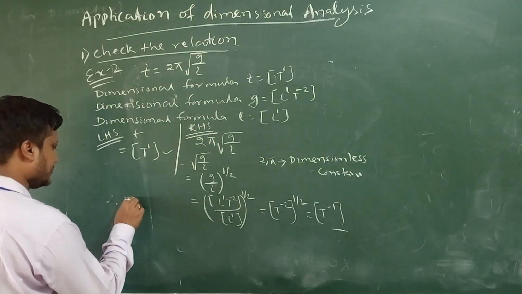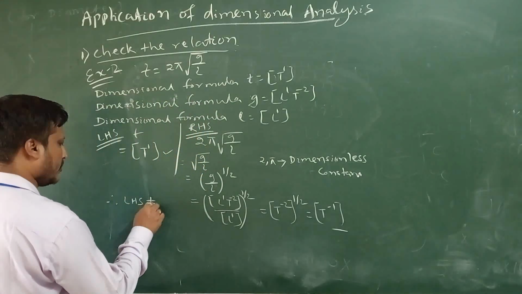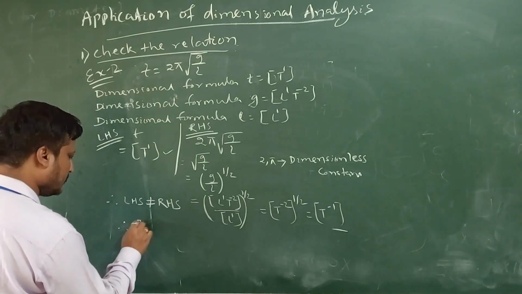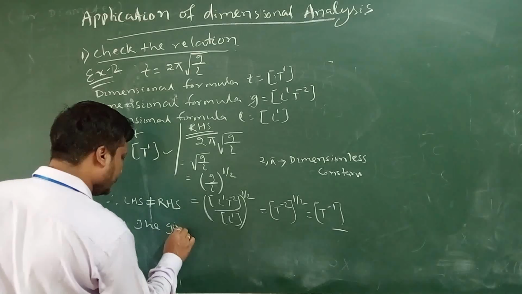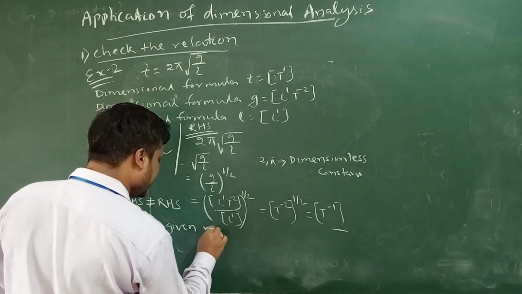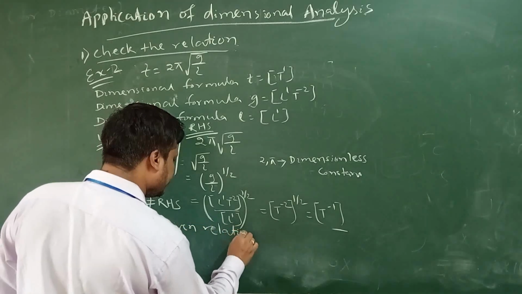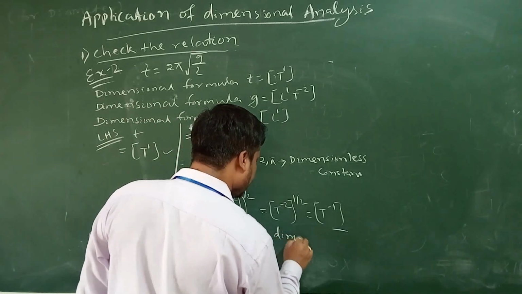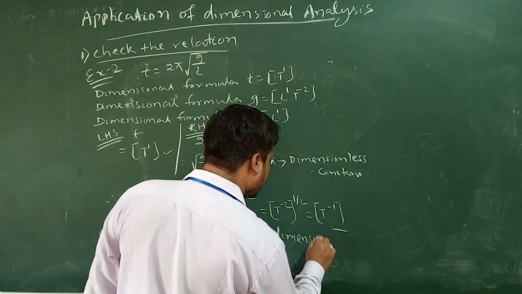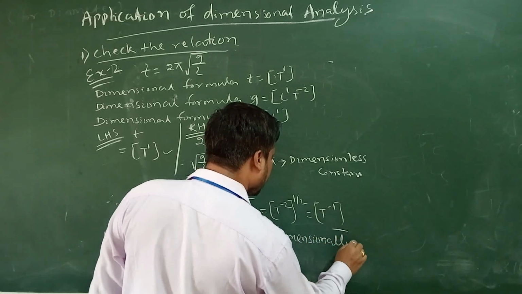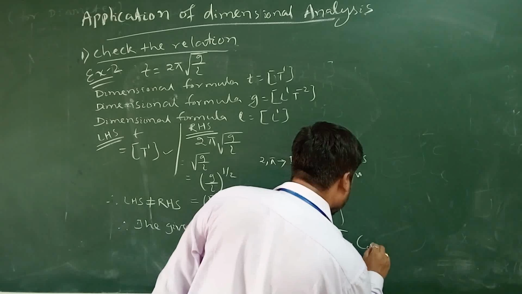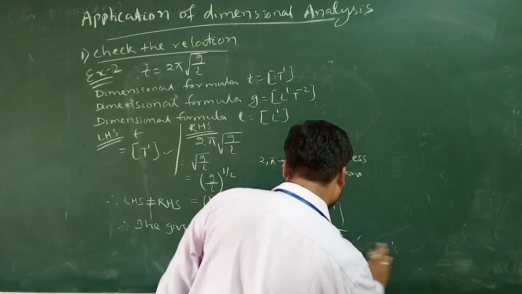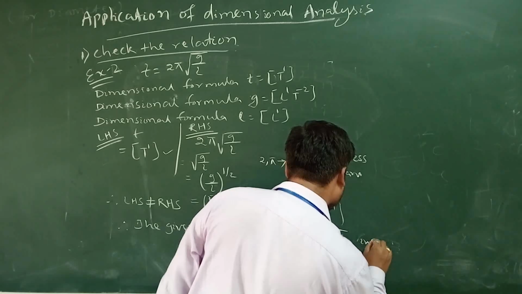So therefore LHS is not equal to RHS. Therefore the given relation is dimensionally incorrect.